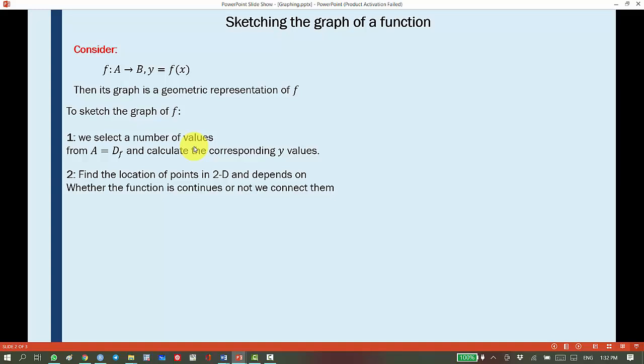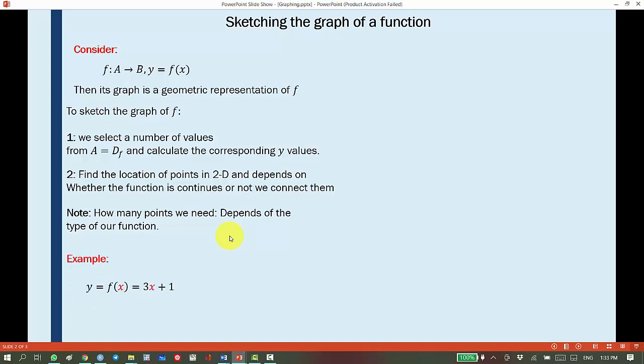As a result, what we get is a number of points in two-dimensional space, and we find and locate those points in two-dimensional space. Then depending on whether the function is continuous or not, we connect or we just leave the points as they are. Note that the number of points that we need depends on the type of the function.